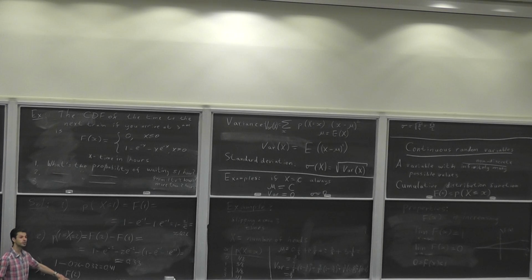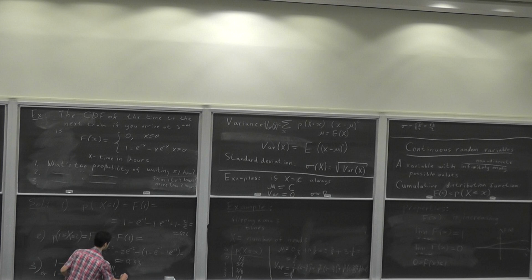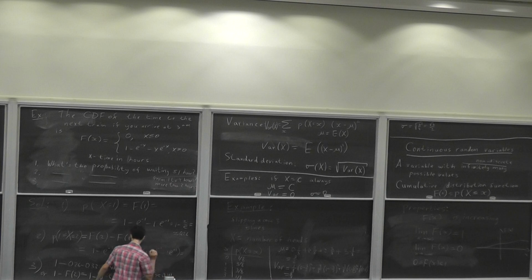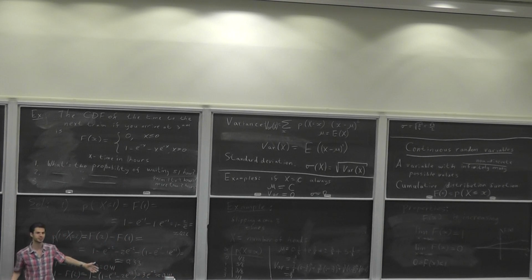So if you want to get this answer without doing these 2 steps, well, here it is. 1 minus the value of the function at the point. And not surprisingly, you should get the same answer.